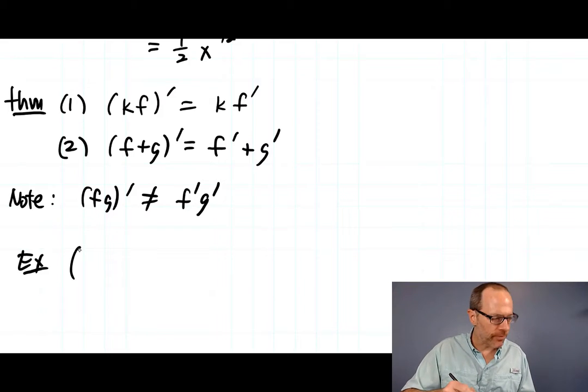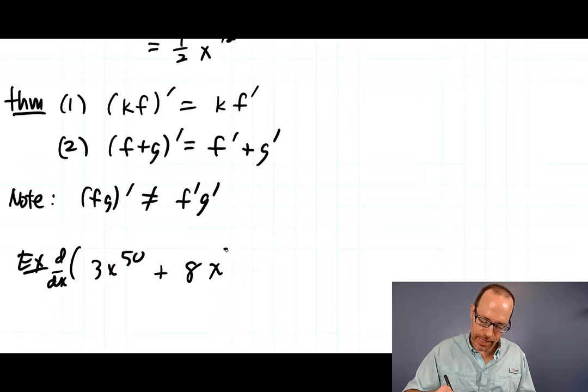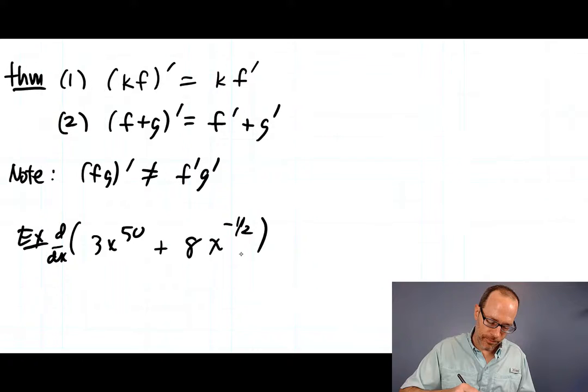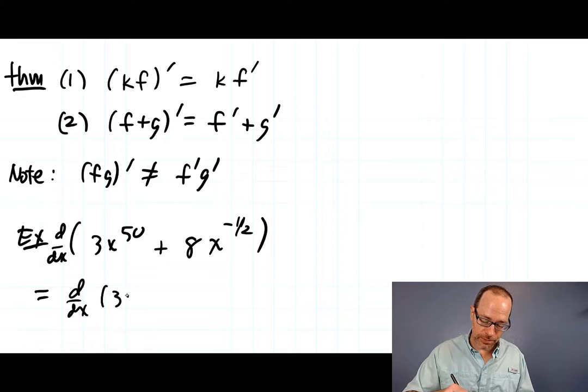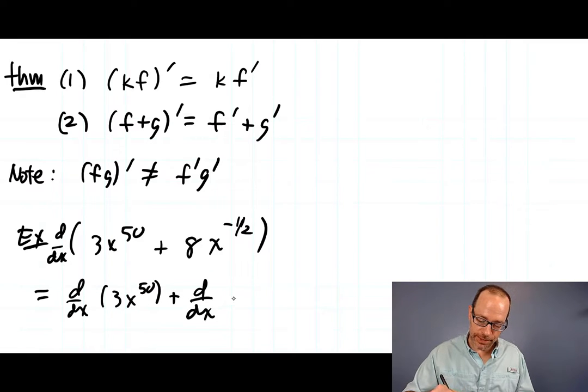So for example, if you want to do the derivative of 3x to the 50 plus 8x to the minus 1/2, well, first of all, take the derivative of each piece. Now normally people will just do this all in their heads, but let's write it out in gory detail here.